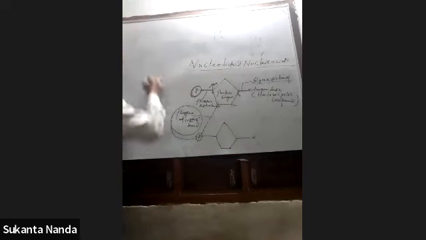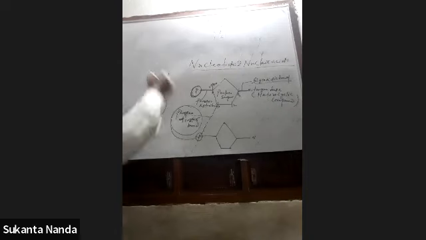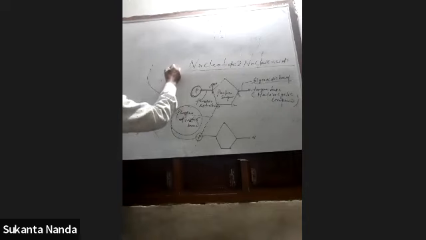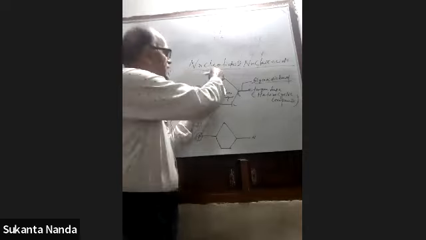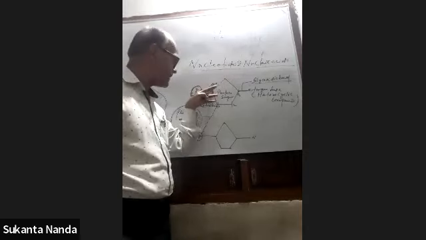Whenever you are drawing, that means you are drawing a DNA. In a DNA, this is the 5' end and this is the 3' end. Suppose there is no nucleotide on that, then it will start with the 5' end.